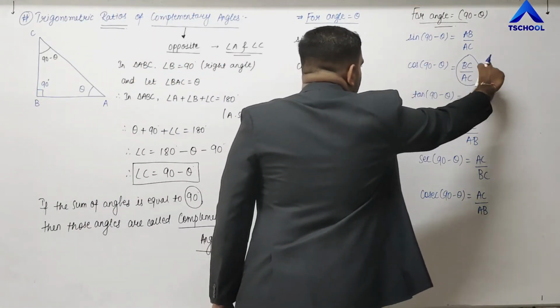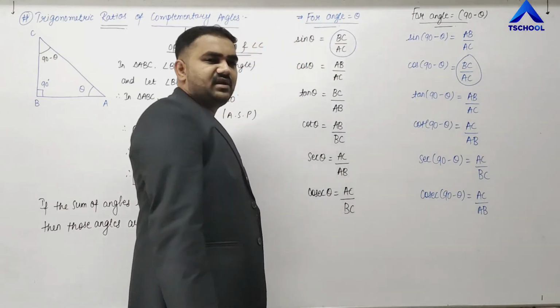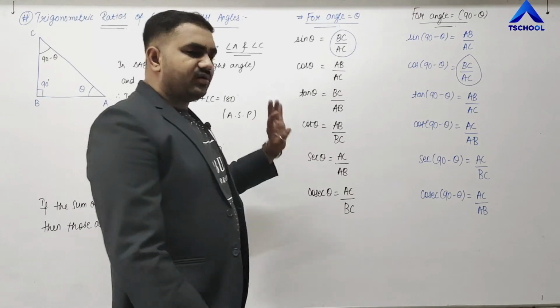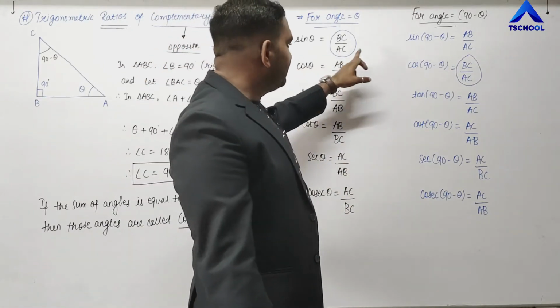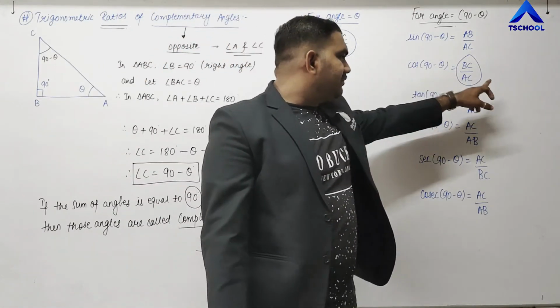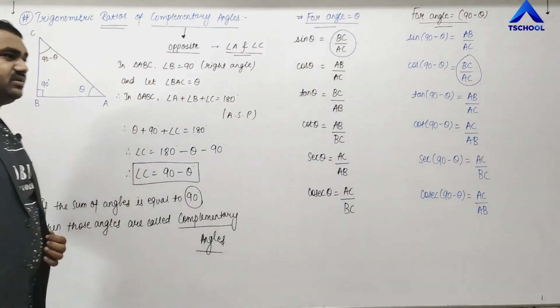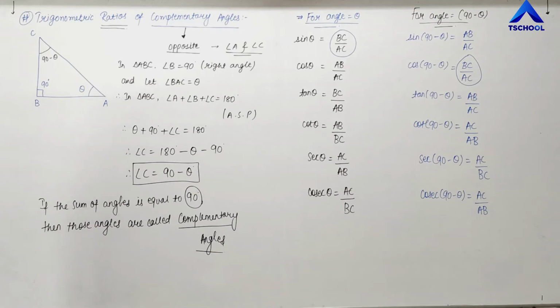Cos 90 minus theta is also equals to BC upon AC. Ultimately, sine theta equals to cos 90 minus theta. Or you can say that if A is equals to B, C is equals to B, then A is equals to C. Yes or no? Yes, we can similarly find out the rest of the ratios also.